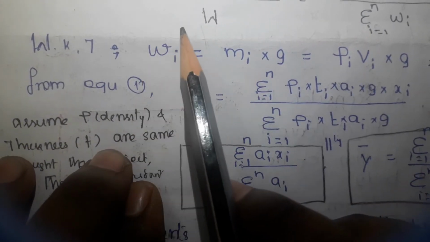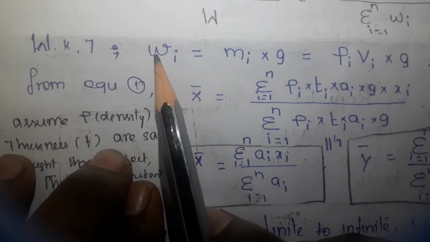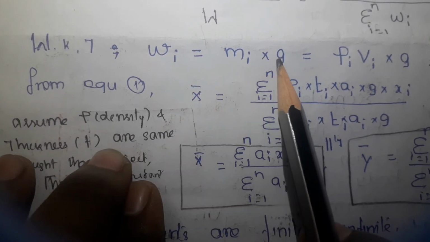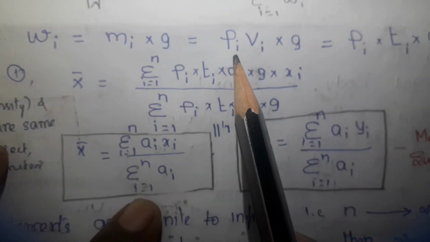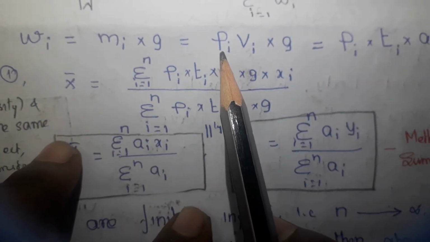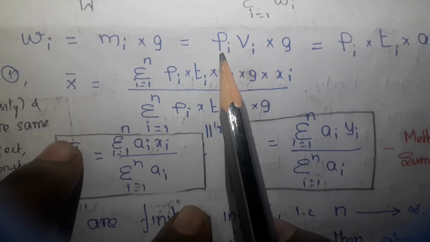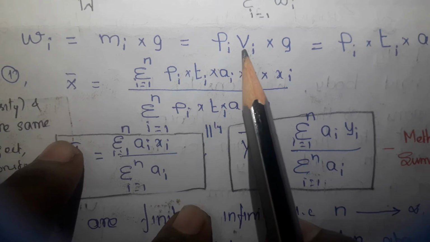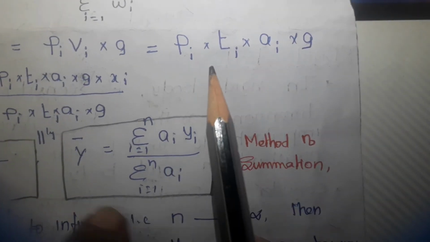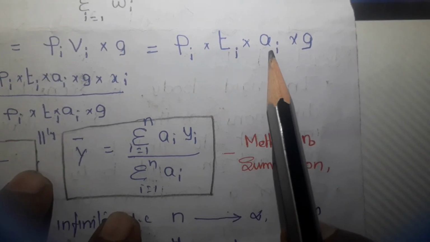Now in the first equation, I am going to take this weight. We know that this weight can be written as mass into gravitational constant. Now mass can also be written as rho into volume, where rho represents density and V represents volume. Again, volume can be written as thickness into area.